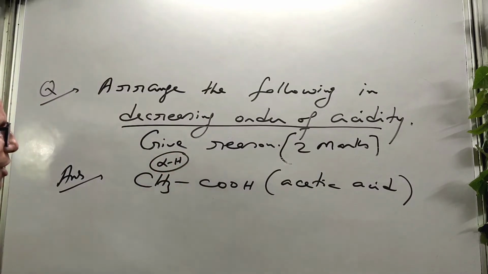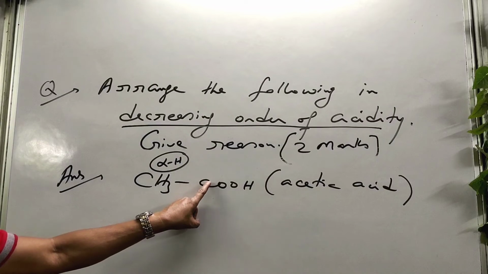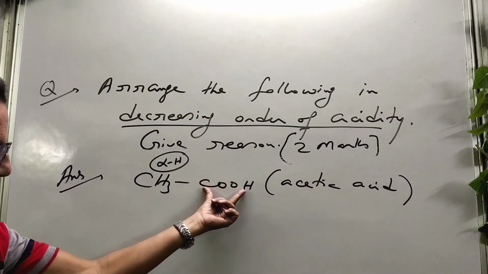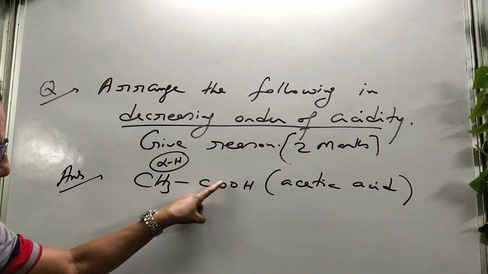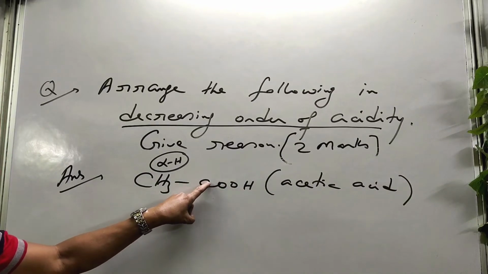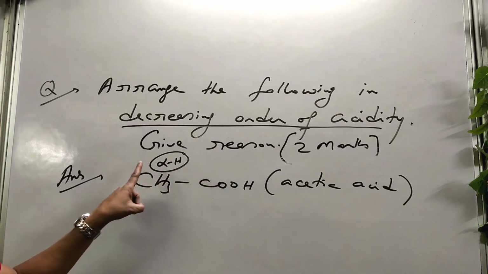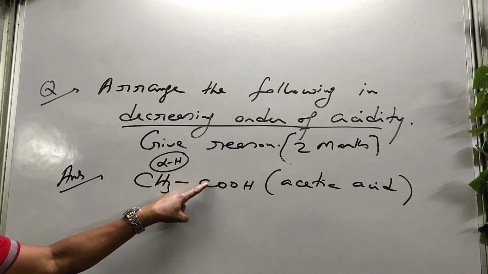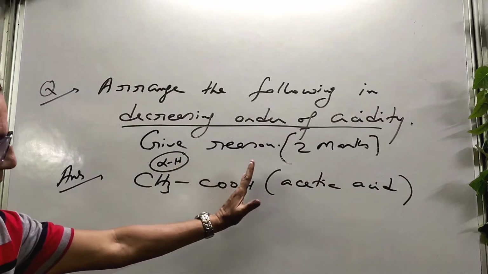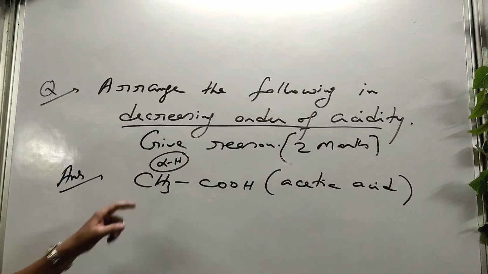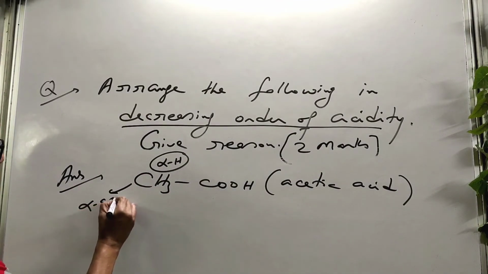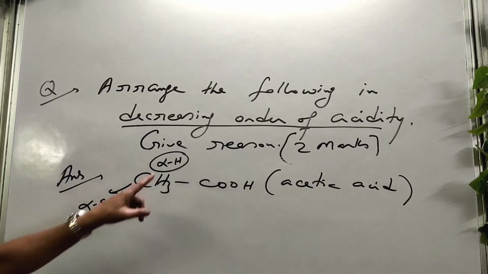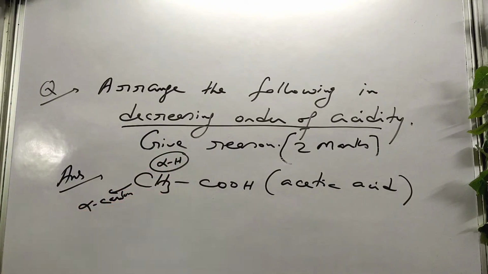How do we know? This is the carbon of the carboxylic acid functional group. The carbon attached to the carbon of the carboxylic acid functional group is called alpha carbon. And the hydrogen atom attached to the alpha carbon is called alpha hydrogen.